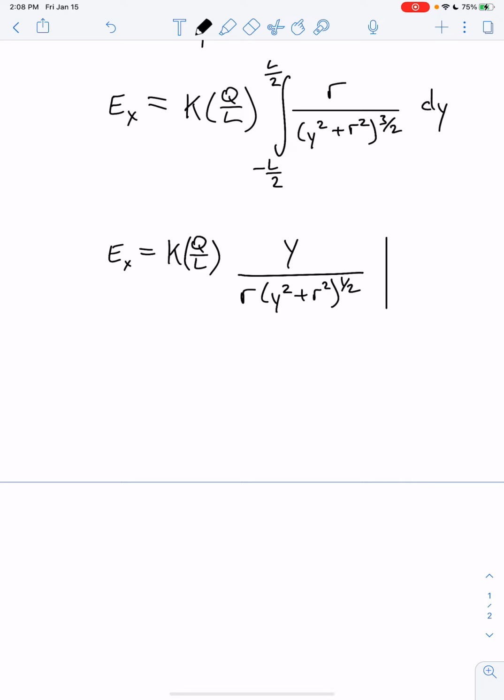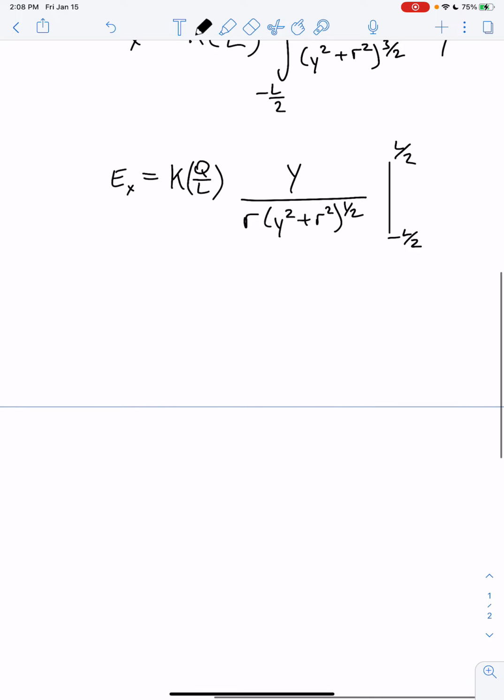And we're going to evaluate that at L over 2 and minus L over 2. And so this gives us an E is equal to k q over L. So now we're going to substitute those values in.